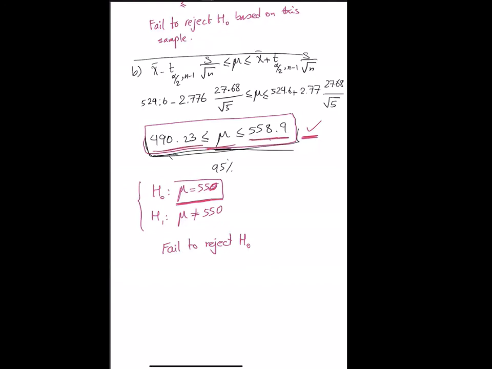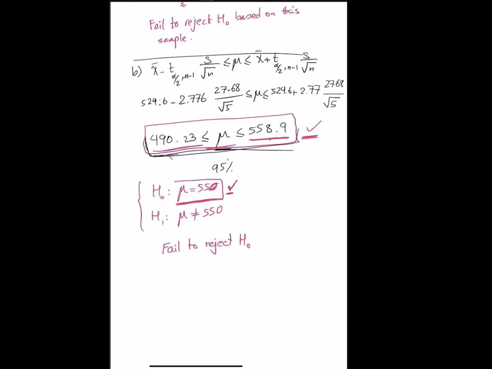And as I said, this is the interval that contains the unknown mean of this random variable with 95% chance. So, given the fact that the hypothesized mean is in this confidence interval that we constructed, we say that we fail to reject H null just because the mu naught, the hypothesized mean, is in our confidence interval.